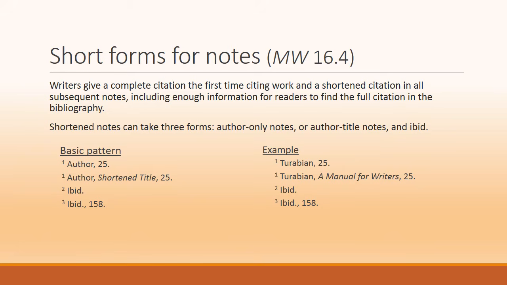Shortened notes can take three forms: the author-only notes, or better for the humanities, the author title notes, and also the Latin abbreviation ibid, which means the same as above. The basic pattern is on the left, and some examples are on the right. And again, in the humanities, writers generally prefer the author, a shortened title of the work, followed by the page number.